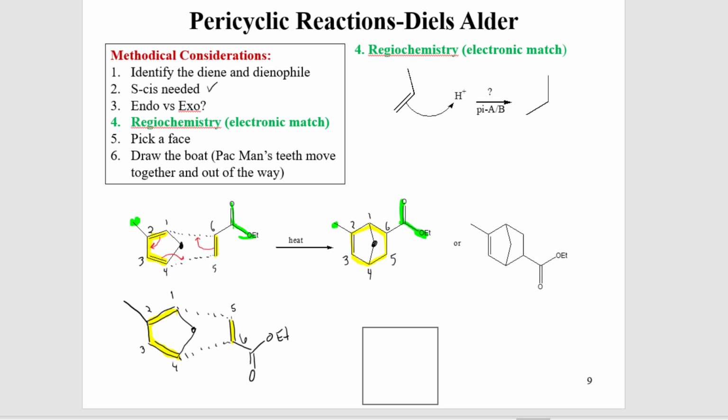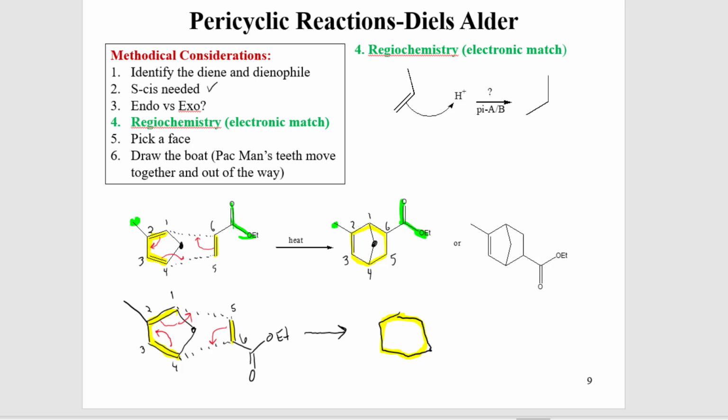Pushed the electrons. Doesn't matter. They're all cyclic. Just kind of doing some carbon accounting. 1, 2, 3, 4, 5, 6. There's my 6-membered ring.